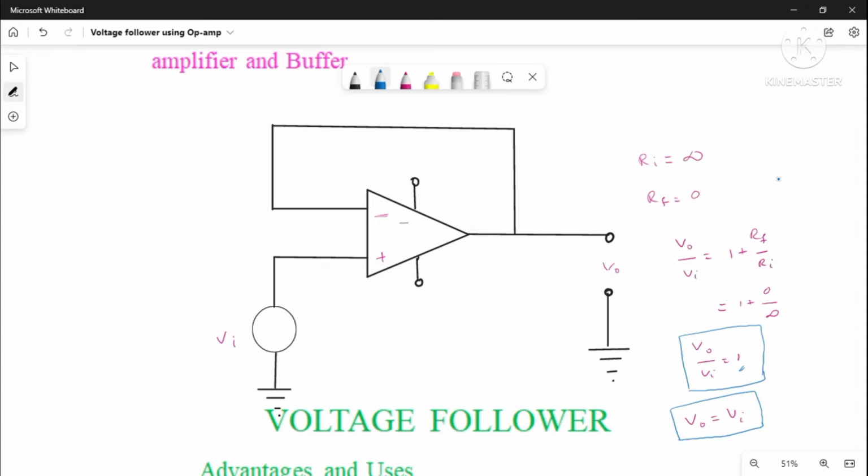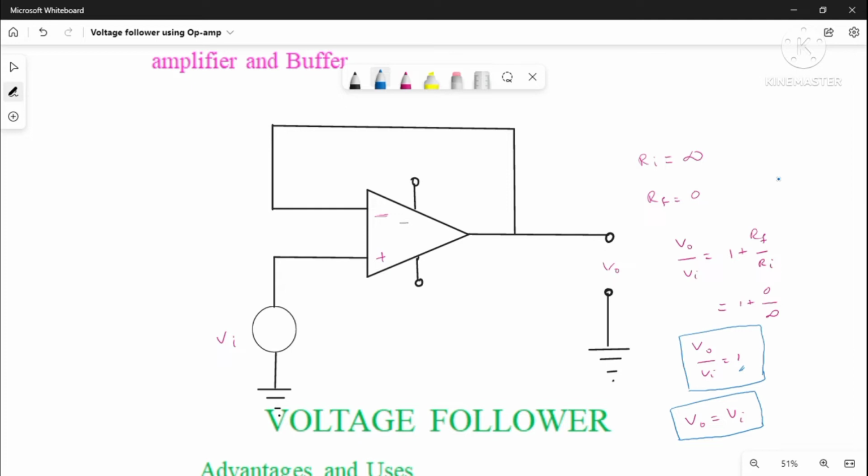I repeat once again, the application of operational amplifier in non-inverting amplifier mode is used here. Ri, input resistance, is infinity because there is no resistance connected between the inverting input terminal and ground. Feedback resistance is 0; it is connected by a short circuit.